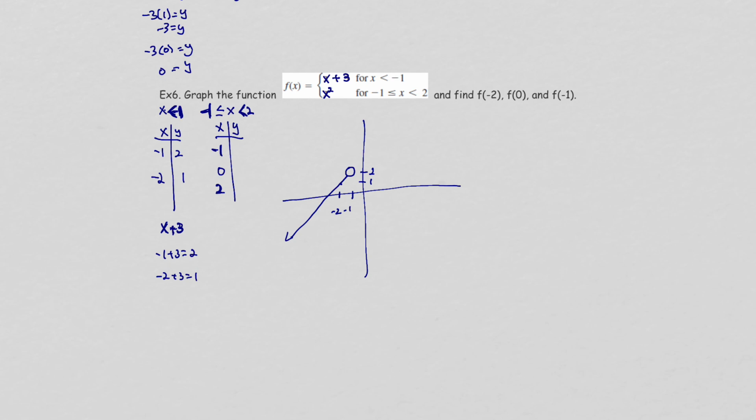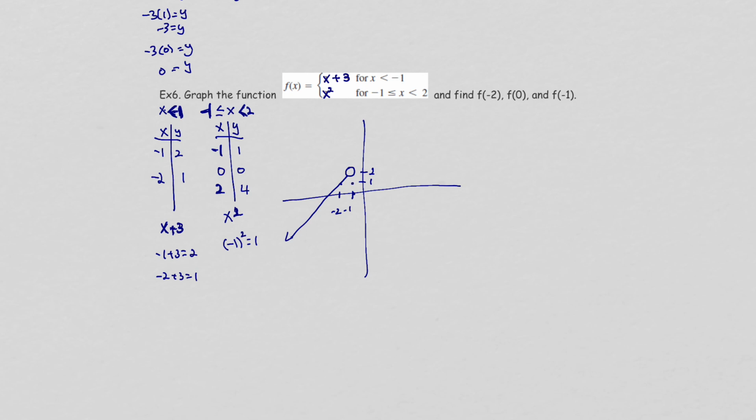And this is quadratic, right? Quadratic will be a parabola, the U shape. Let's see what we get. -1 squared, right? That will be +1. 0 squared will be 0. 2 squared will be 4. So then let's see, -1, 1.